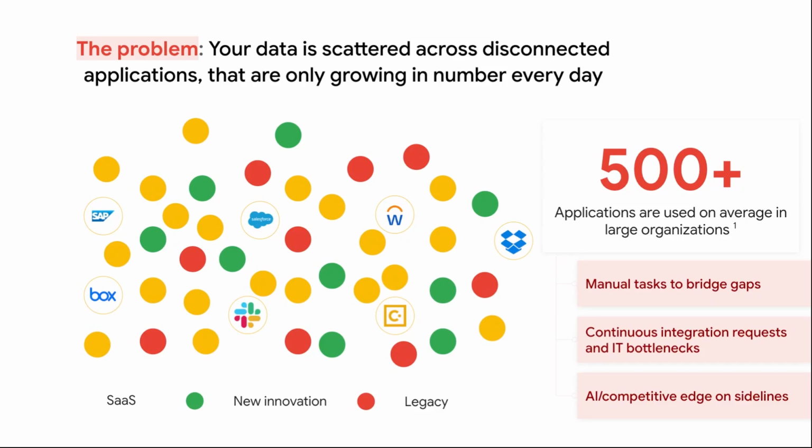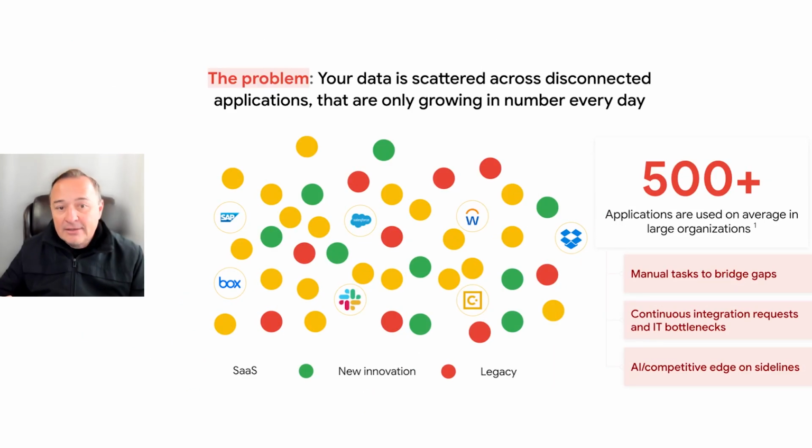So we see the challenges here of being able to bridge the data between these applications so that the data is synchronized in a timely manner, so that when something happens in one application, that data change can be reflected in other applications that depend on that data.